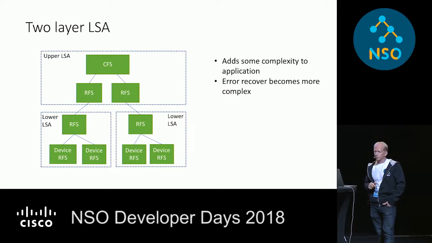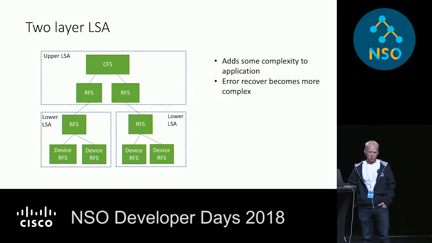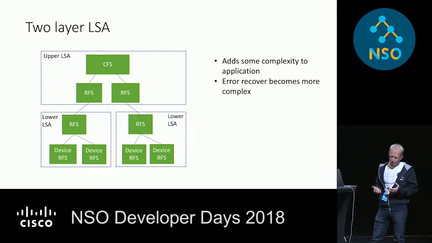You should, however, be aware that error recovery becomes a bit more complicated. If you have a single node, it may not even be easy, but at least it's manageable to deal with errors when your service fails for some reason. A device is broken, or a link is broken, or your service logic is broken, or whatever.